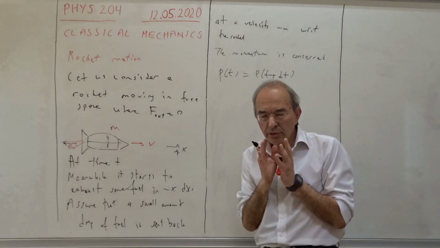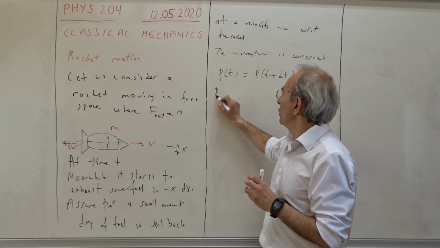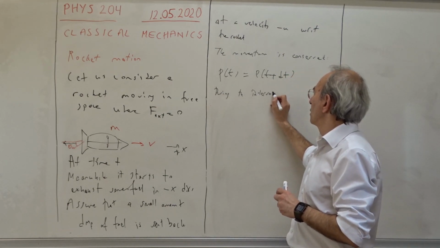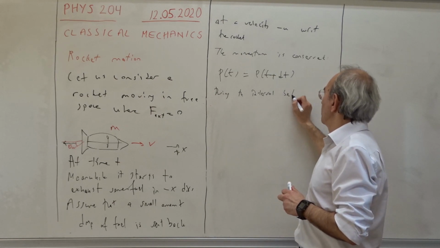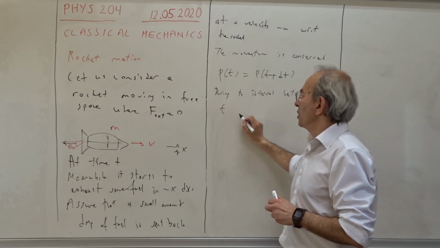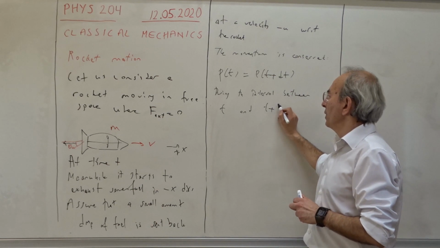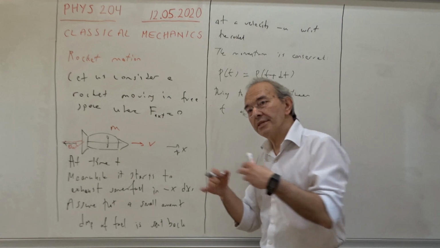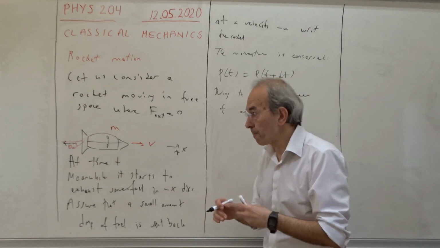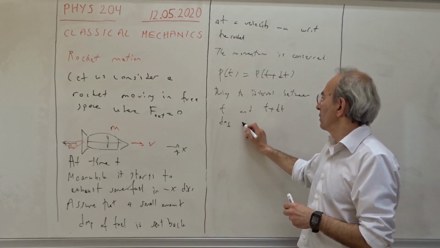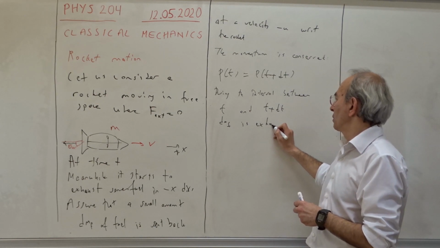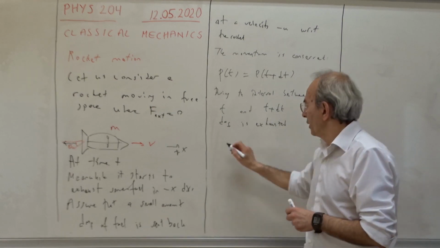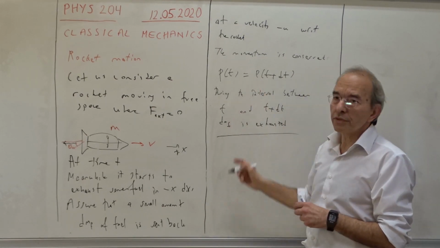But during that small time interval, between t and t plus dt, this fuel, that small mass, is thrown away. dmf is exhausted at this velocity with respect to the rocket, so that we conserve the momentum.